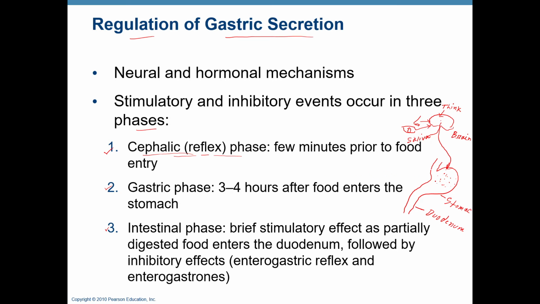Then the food enters into the stomach after you swallow the food, right? And breakdown of food occurs, and food becomes small molecules, and secretion from the gastric gland in the stomach occurs after the food arrives into the stomach, and that is called the gastric phase.